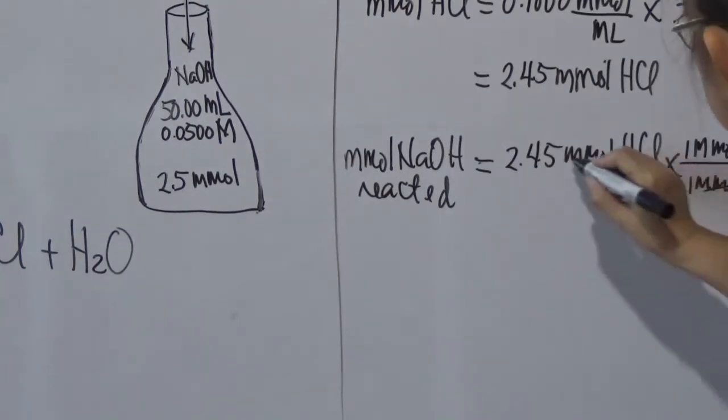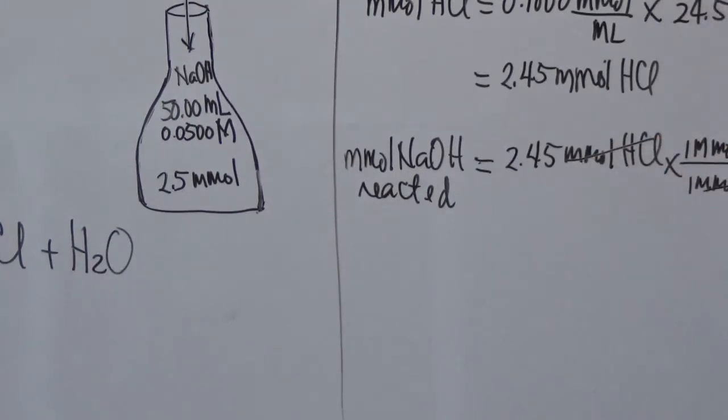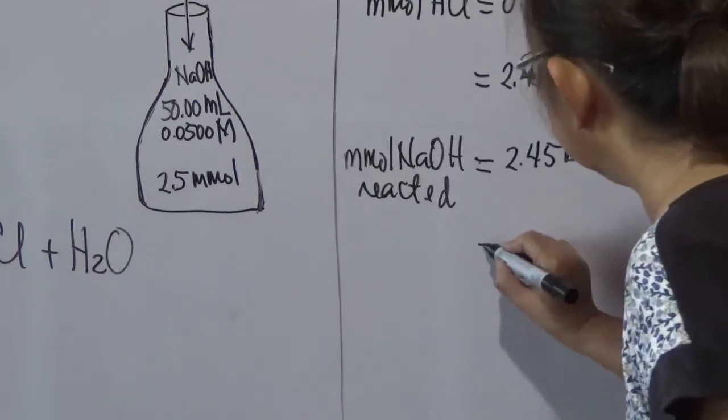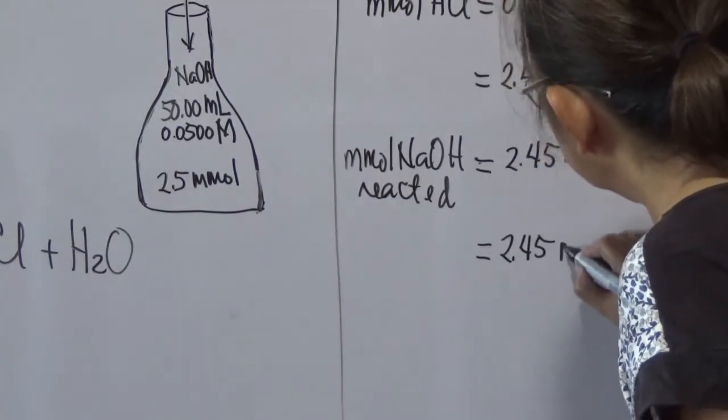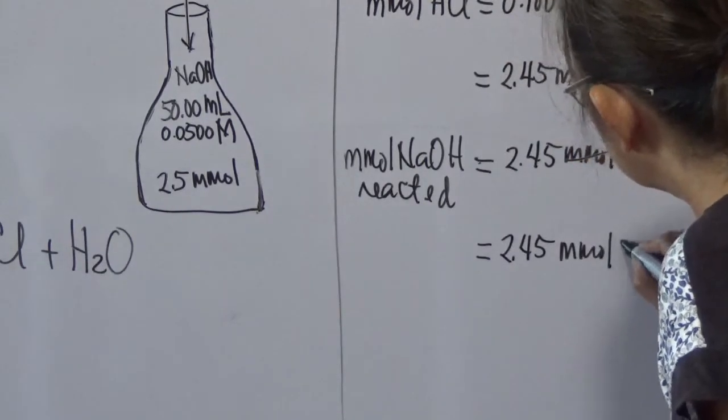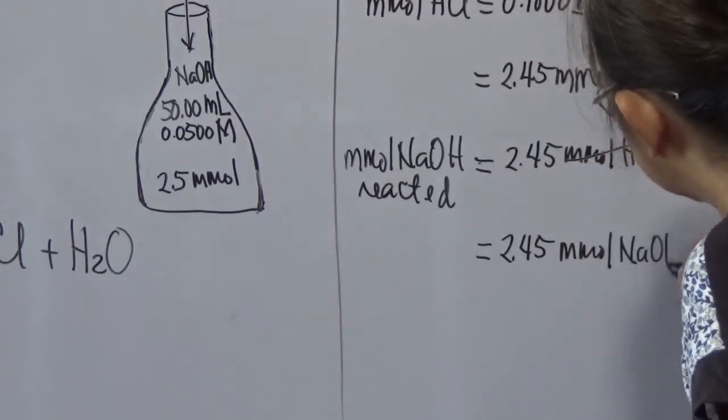You can cancel it out. So the amount reacted is 2.45 millimole of sodium hydroxide.